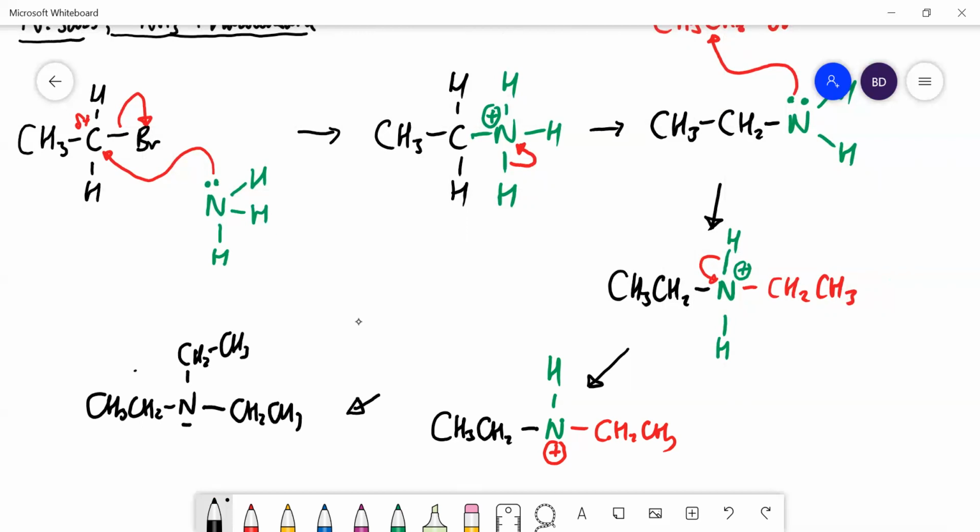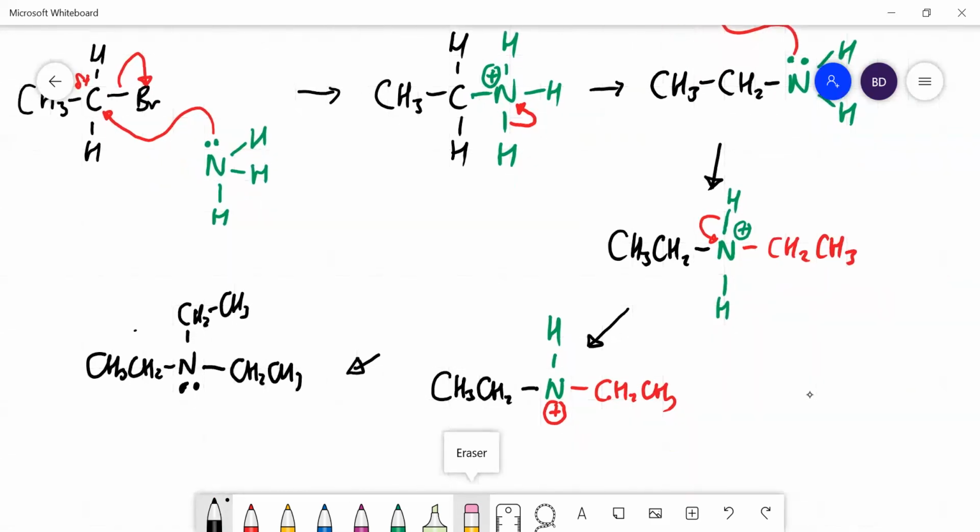And the tertiary amine is still a good nucleophile because you've got a lone pair on the nitrogen there, which can then pick up another round of substitution, and I'll rub that out. Then you've got a fourth alkyl group attached on there.